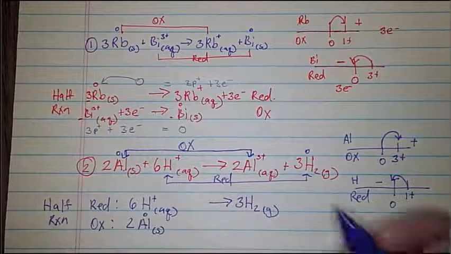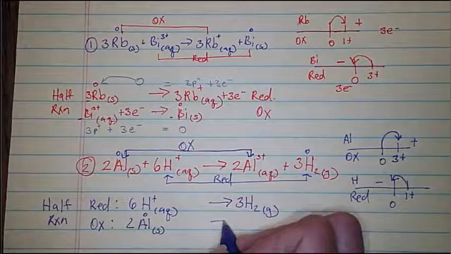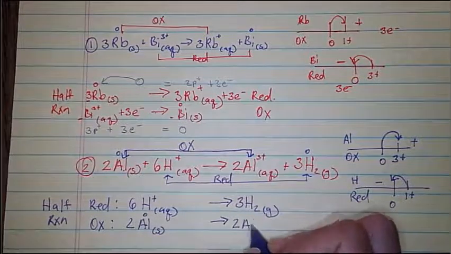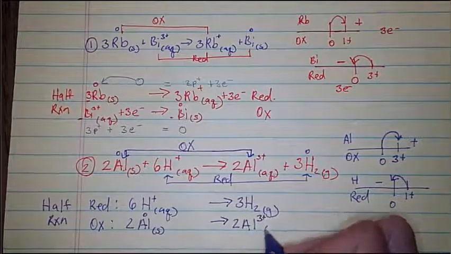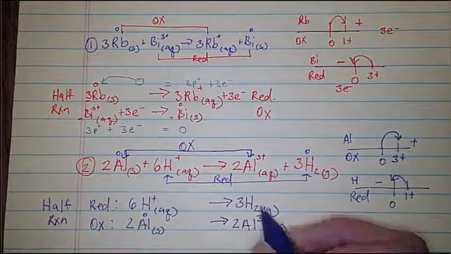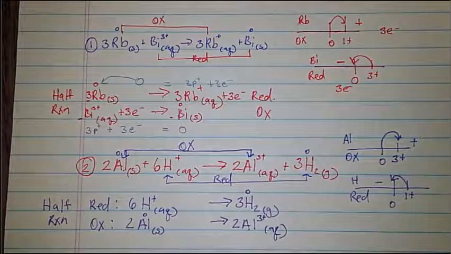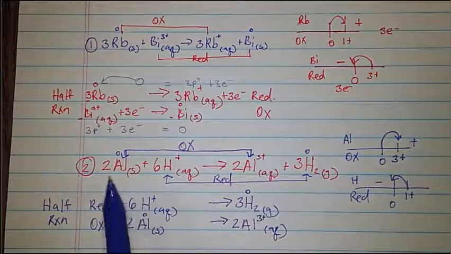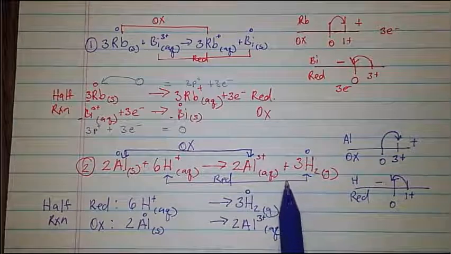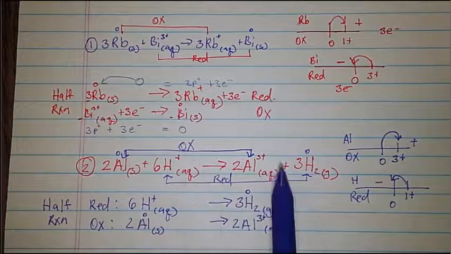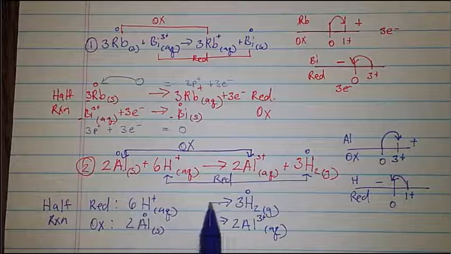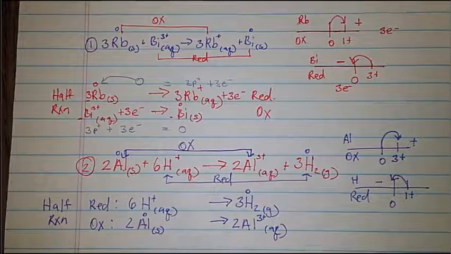Remember, the aluminum has a 0 charge. Leave some space, produces 2 Al3+ aqueous. My hydrogen gas in the reduction also has a 0 charge. Don't forget, when you write your net ionic equation for your redox equations, everything should have a charge, just as your half reactions. Everything should have a charge.